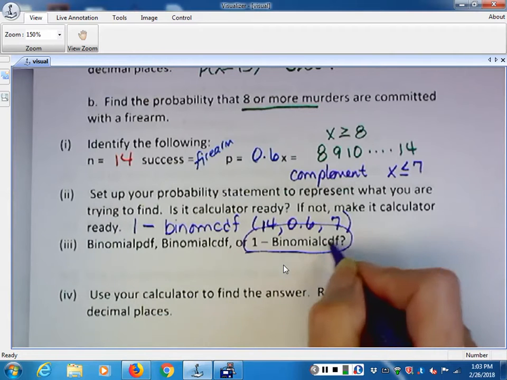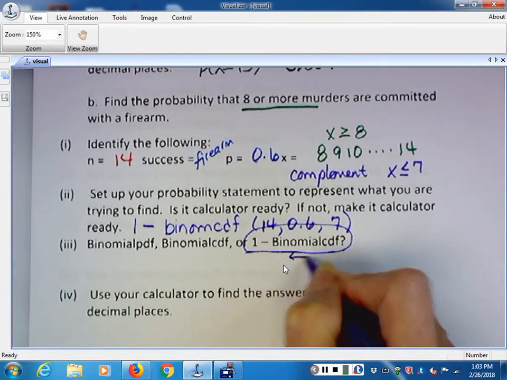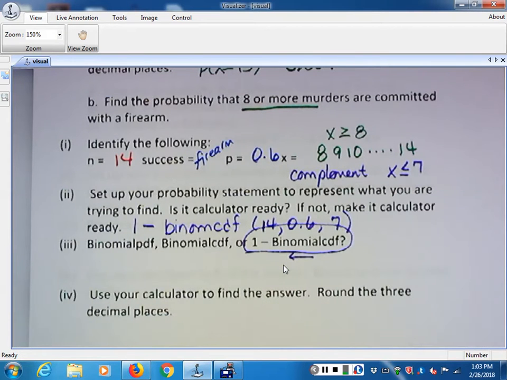Because the CDF goes down, not up. Okay?